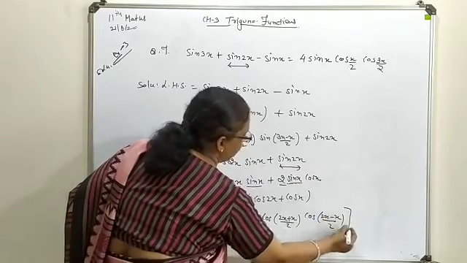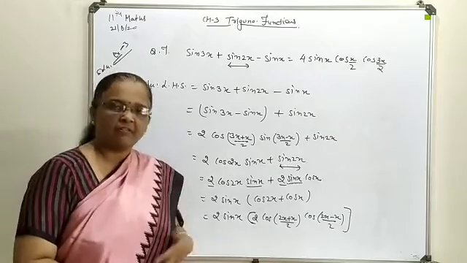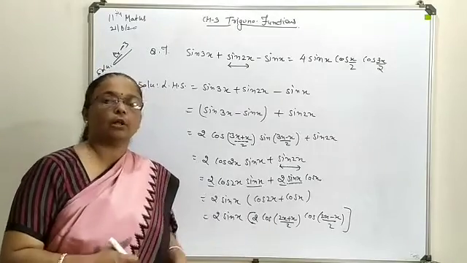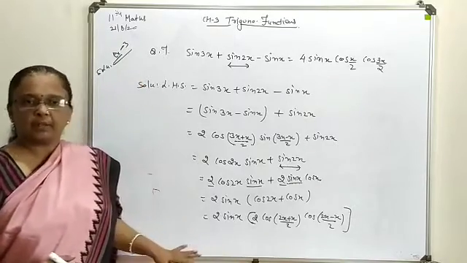You will find in most of the questions you have implemented the same formula with different combinations. So how one formula can be implemented with different combinations will be clear to you.